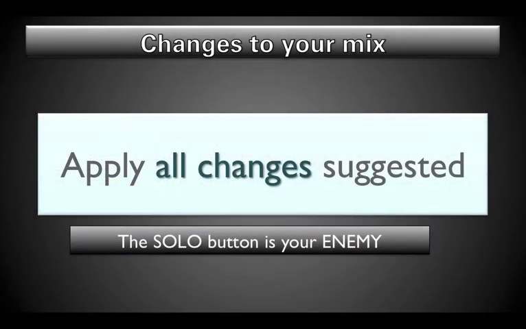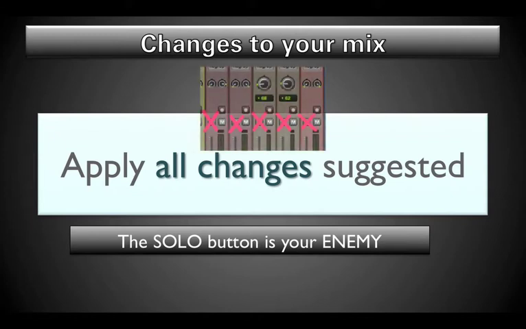Now remember, when you start making these changes, and especially when you start fine-tuning your EQs and dynamic processing in the micromix stage, the solo button is your enemy. It is more important to see how things sound together, not how they sound individually.